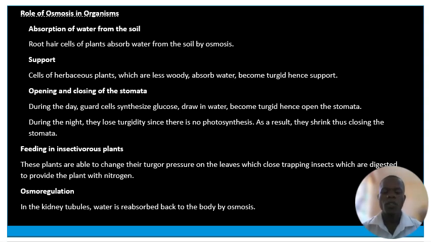Now the second role of osmosis is support. Cells of herbaceous plants, which are less woody, absorb water and become turgid, and hence they are supported. When we talk about support, we mean plants that cannot stand on their own, so they have to obtain support from elsewhere.